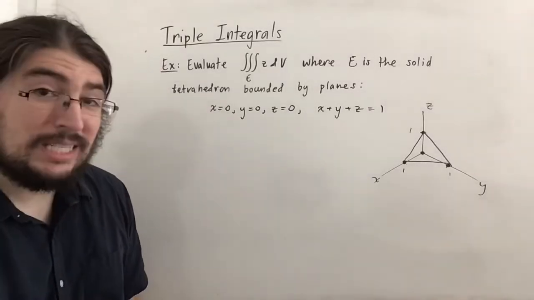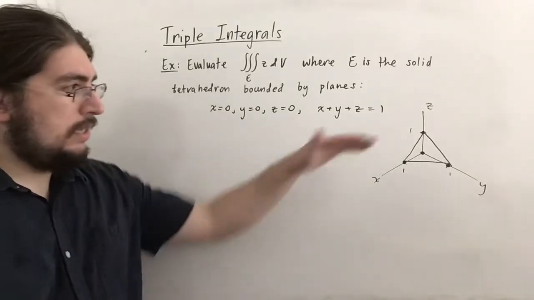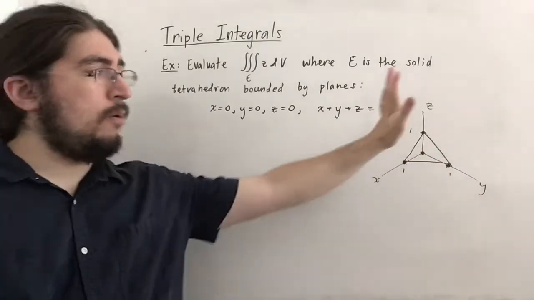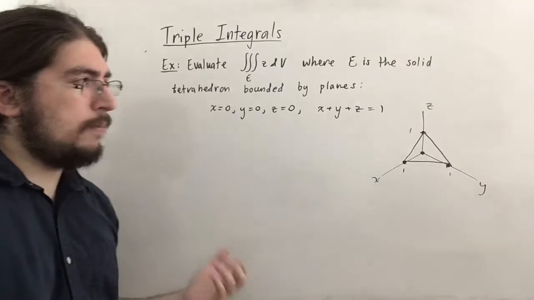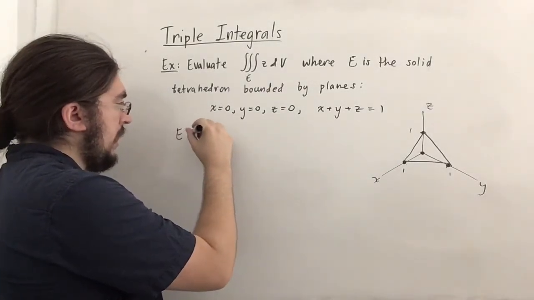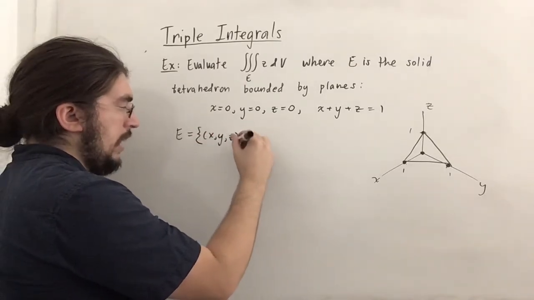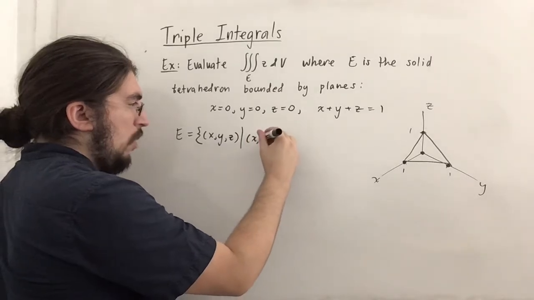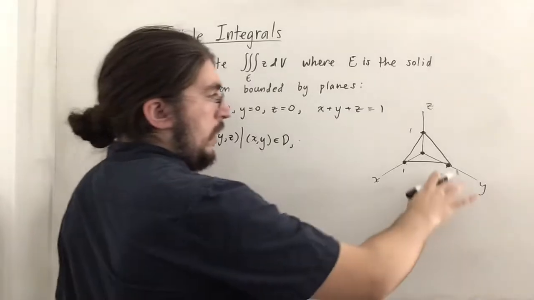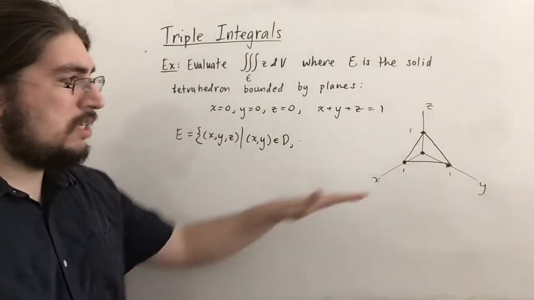Now, first off, what type is it? Honestly, it can be whatever type you want, because there's a projection in the xy plane, in the xz plane, or in the yz plane. But I'm going to treat it as a type 1, in which case I need to call it out. So E is the set of points (x, y, z) such that (x, y) is in some domain D, and z is in between, well, z isn't too hard to determine.